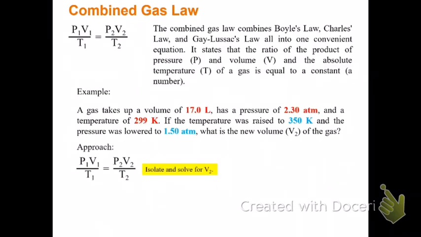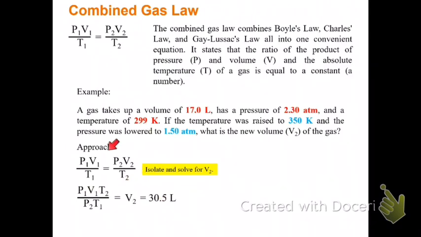So we're going to use the combined gas law equation, and we're going to isolate V2, the final volume. We're going to rearrange the equation in order to get V2 by itself. And so all you have to do now is plug in the numbers.